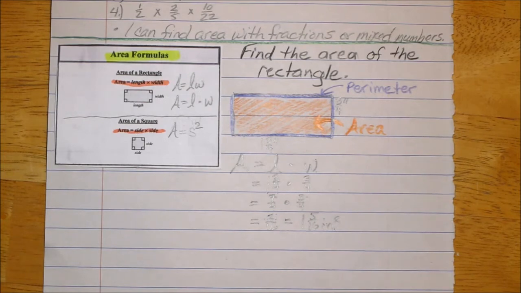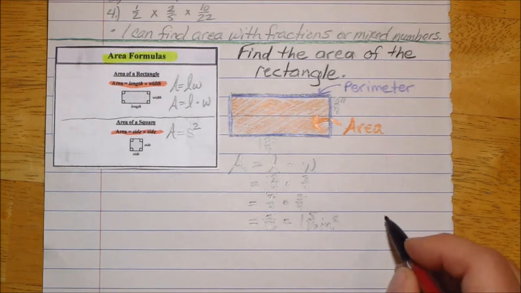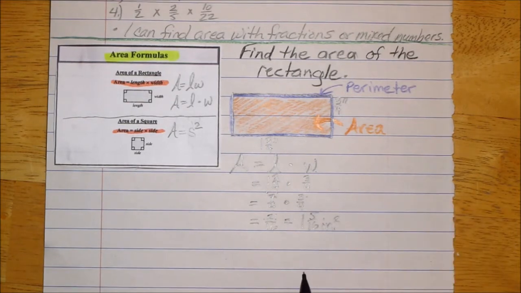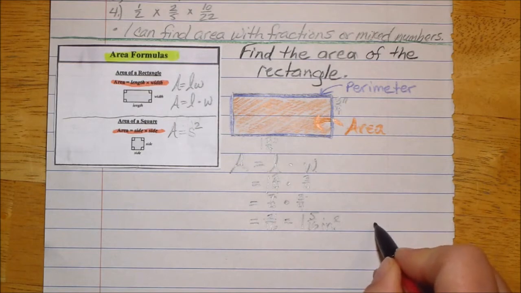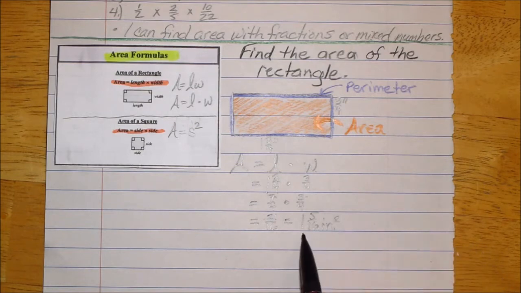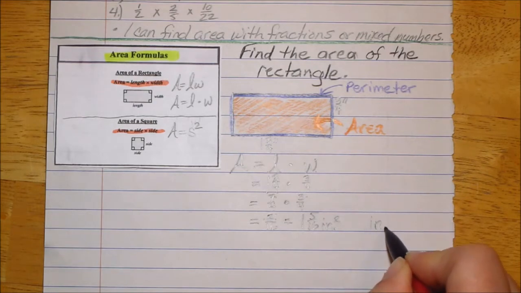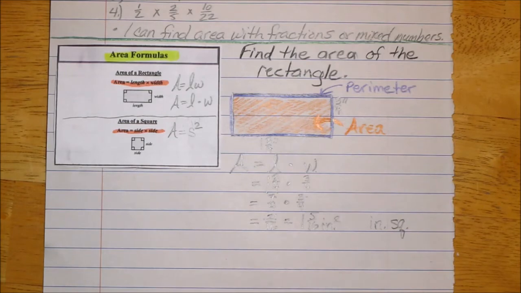Now there are 2 different ways you can show that. You could do it like I did it with inches squared like that, or you could do it 1 5/16 inches squared, abbreviated like that, or squared inches. Either way, you can write it all out or abbreviate it in any order.